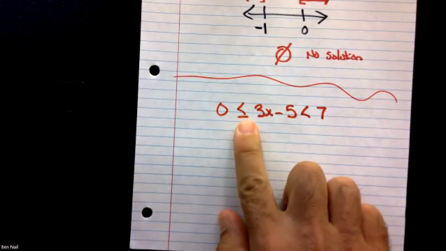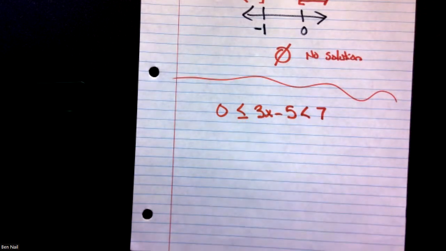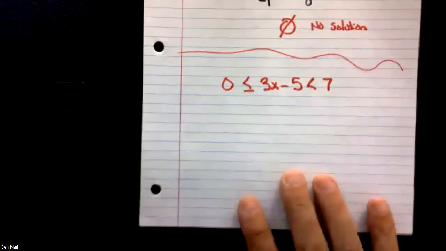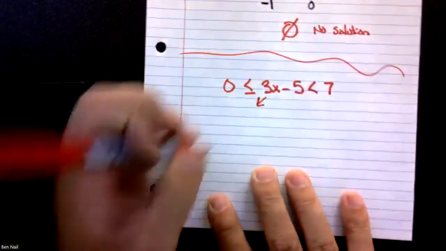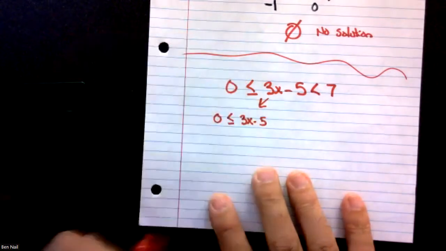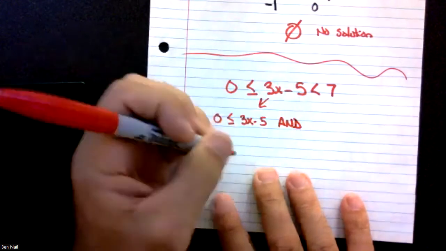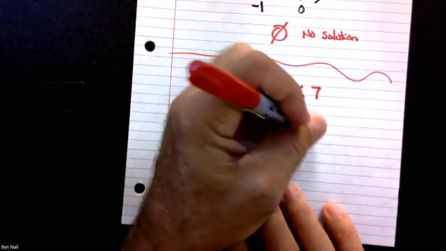You can tell because you have two inequality symbols. And basically what this means is, okay, we're going to solve both. So we're going to say 0 is less than or equal to 3x minus 5, and 3x minus 5 is less than 7.